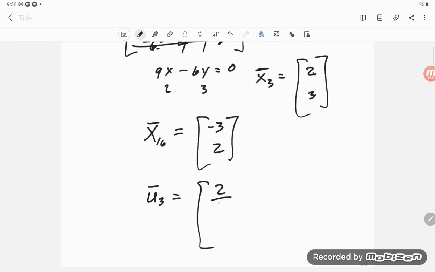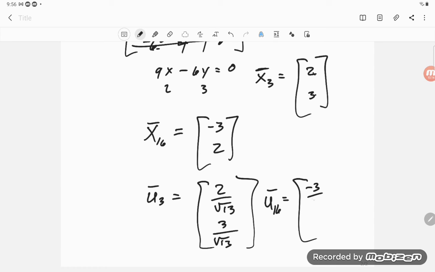And so this is 2 over the square root of 13 and 3 over the square root of 13. And 16 is the same magnitude, so my u16, my unit vector for that, is negative 3 over the square root of 13 and 2 over the square root of 13.